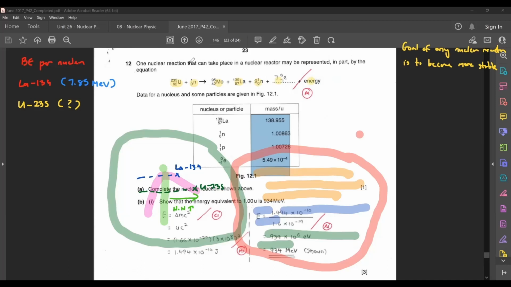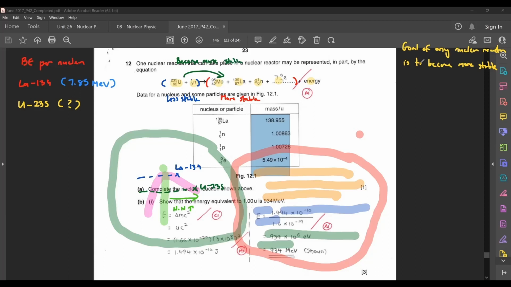Before your reaction, this side is considered to be less stable. But after your reaction has occurred, this side is considered to be more stable now. So going from here to here, you become more stable.